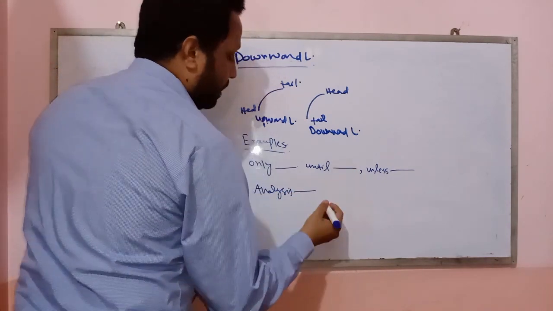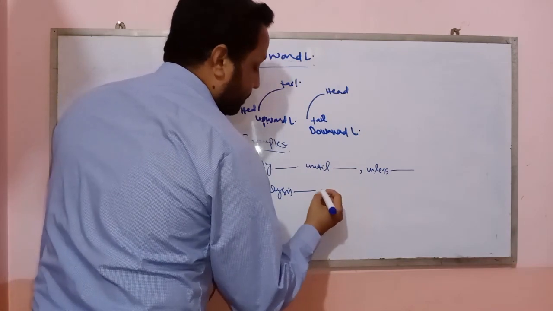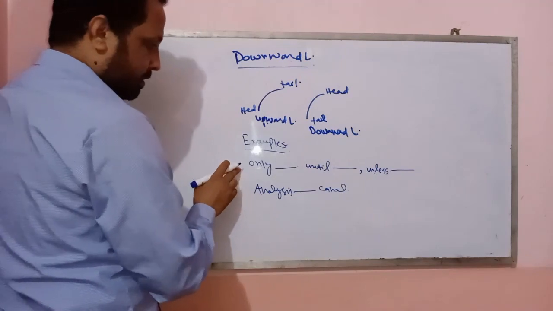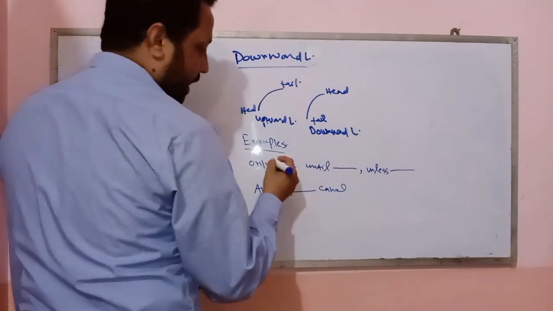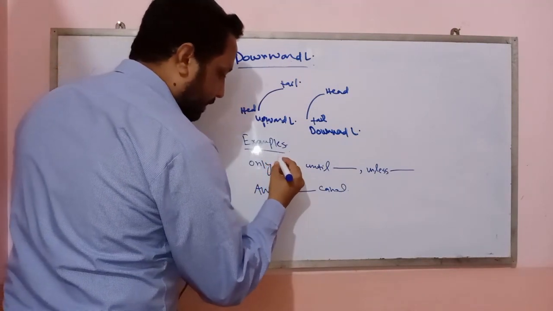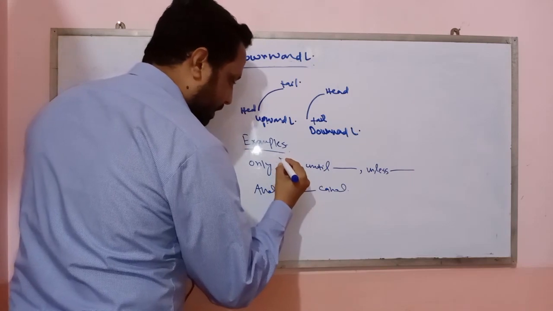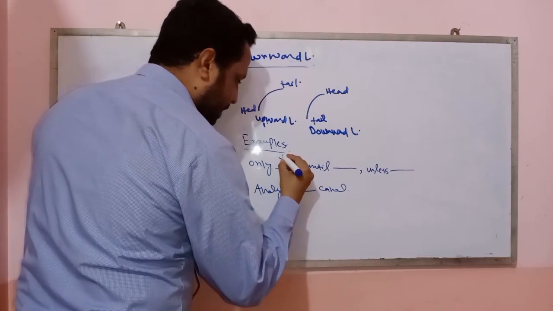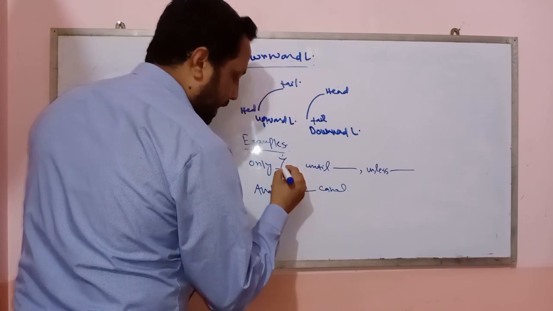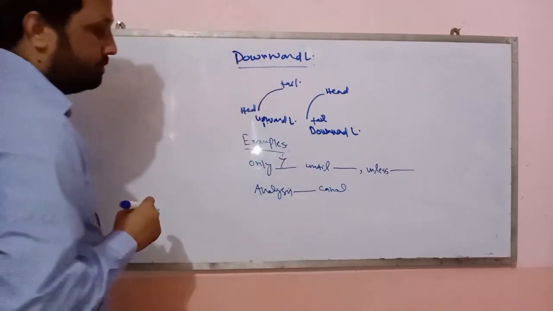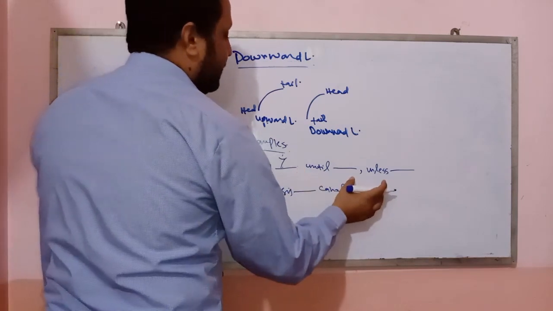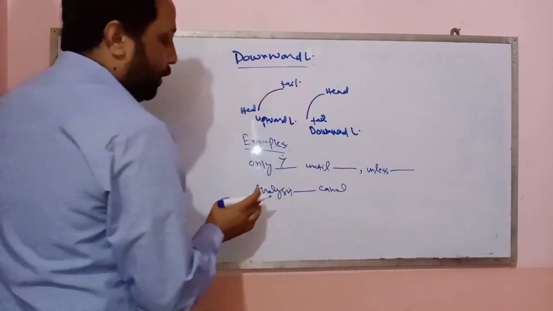Another word is canal. Now we draw the outline of only: N, L, O and the vowel.